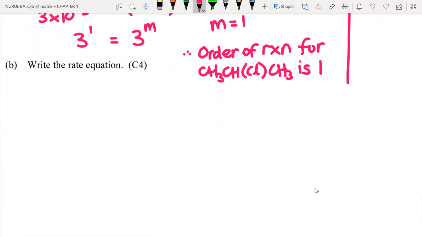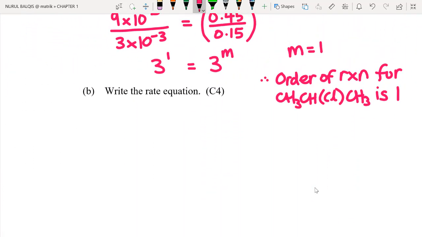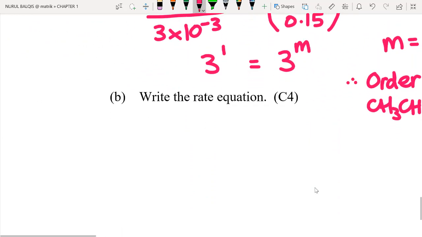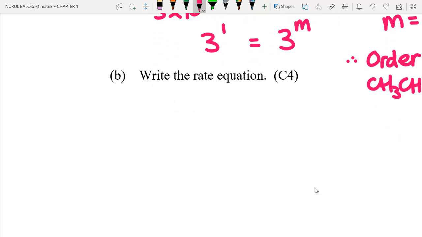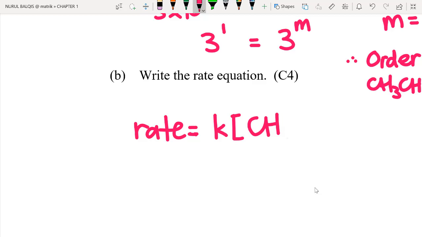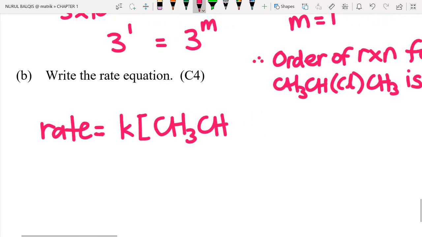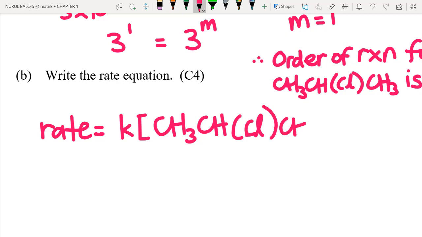So simply rewrite your rate law, but this time with the orders of reaction. So we have the rate law: rate is equal to k times the concentration of 2-chloropropane, CH3CHClCH3, to the power of 1.